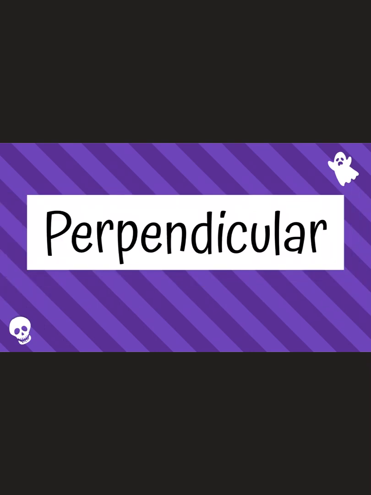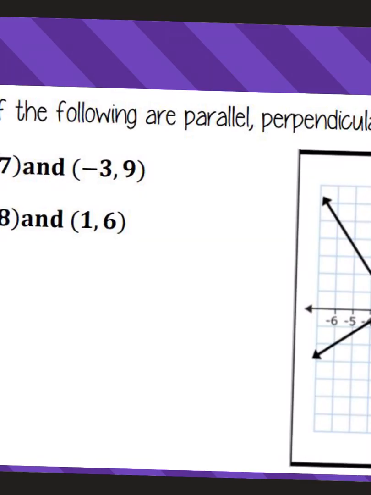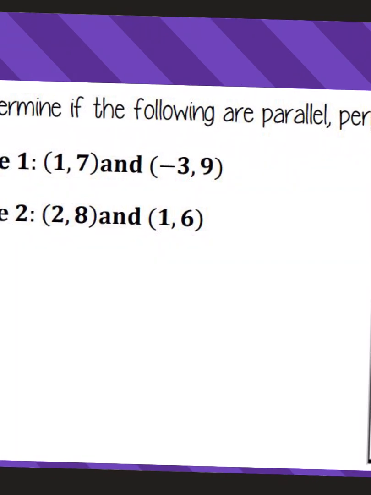So that is the flip and the switch. All right, here we go. We're going to talk about those 2 points to tell if they are parallel, perpendicular, or neither. So using the same formula, which is y2 minus y1 over x2 minus x1.